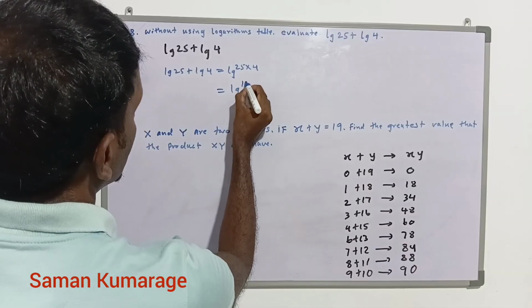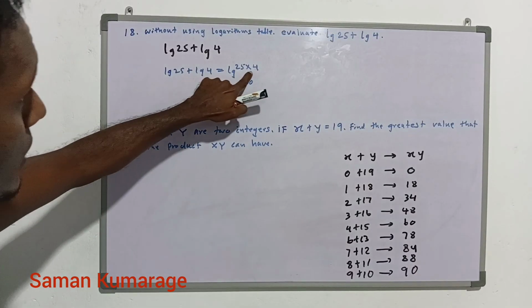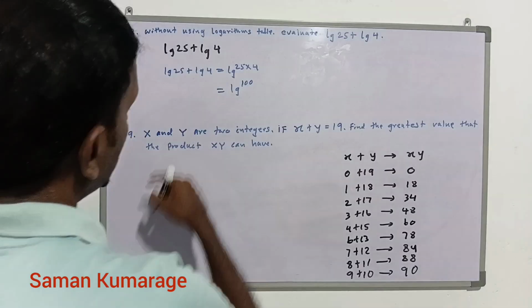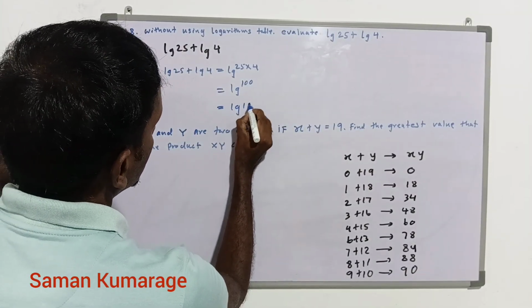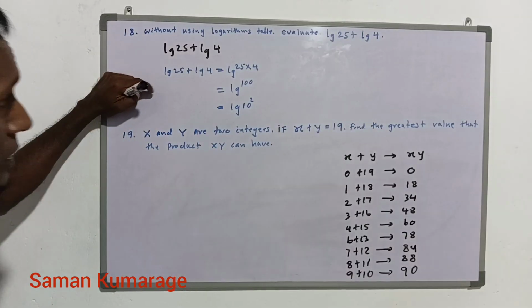Then we can write lg 100. 25 times 4 is 100. This 100 we can write as lg of 10 to the power 2.